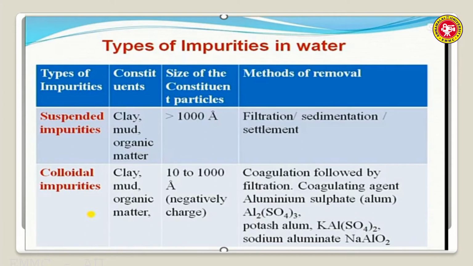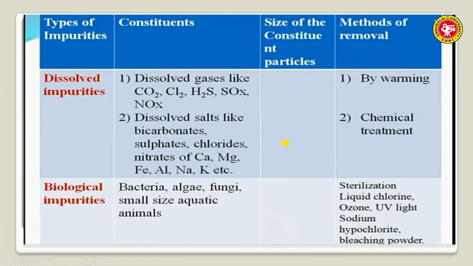Now, the third type of impurities is dissolved impurities. The dissolved impurities may be gases dissolved in water or some salts dissolved in water. The first category is dissolved gases like carbon dioxide, chlorine, hydrogen sulfide, sulfates, and nitrates.